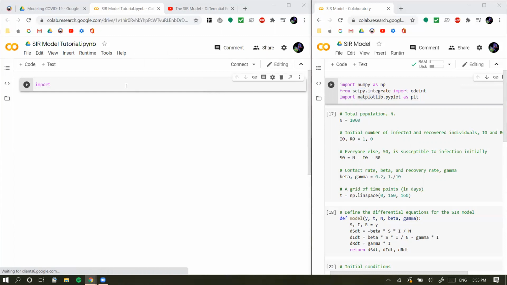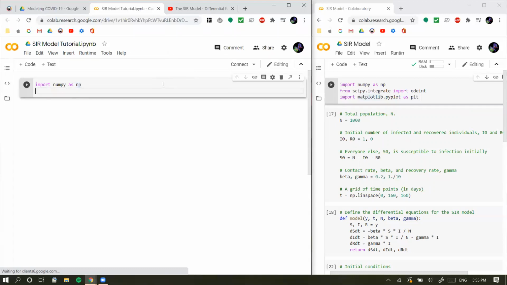So let's follow along here. You're gonna type import numpy as np. That means when you say the name np, you're gonna be using the NumPy methods. But if you don't know what this means, don't worry about it for now. You can just type the stuff. It doesn't have much to do with the math of it.